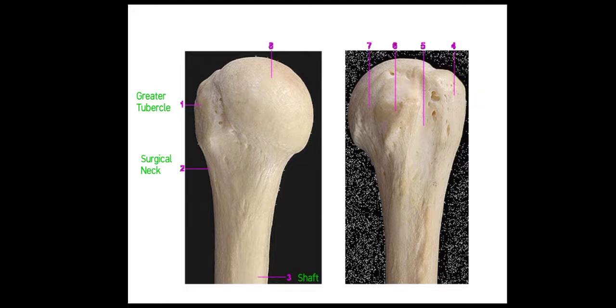Okay, now let's see what this is. This is the greater tubercle, and then this one is an easy one. It is the intertubercular or bicipital groove. Then located medially to this one is the lesser tubercle, and then there is this line. What is this called?